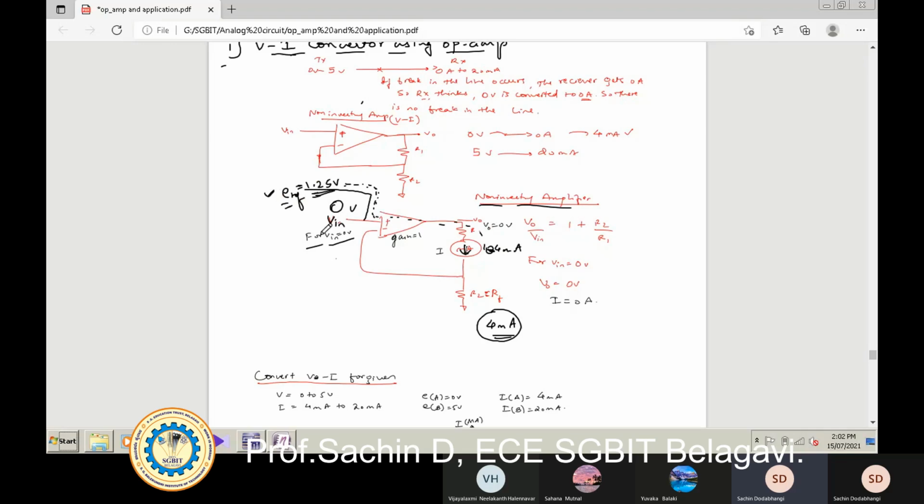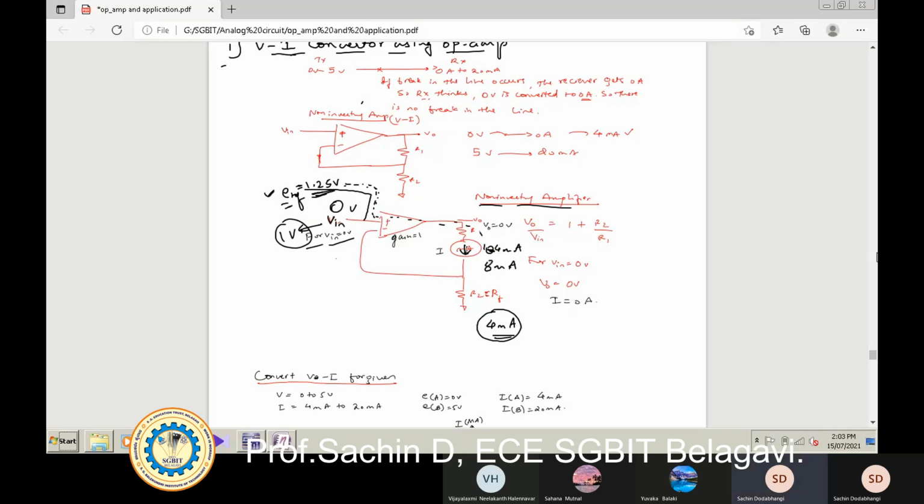Now if I supply 1 volt as input and the reference voltage is fixed at 1.25, then 1 volt plus 1.25 comes to 2.25 volt. For this 2.25 volt, it is again converted to current, for example 8 milliampere.